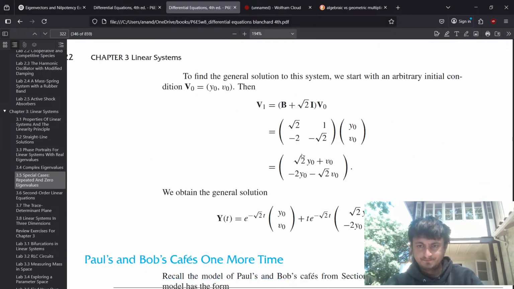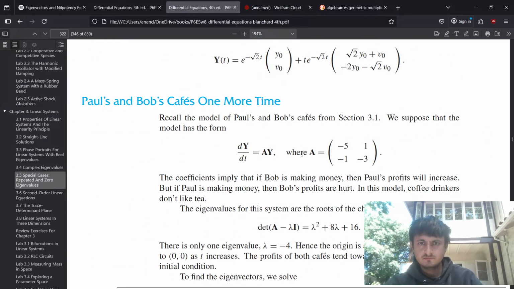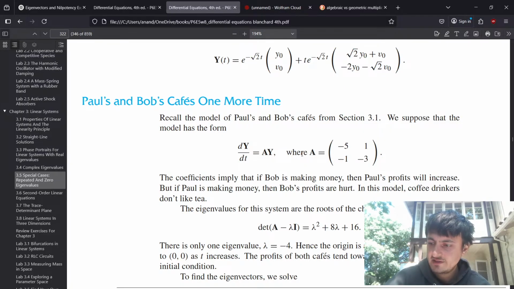Okay, the eigenvector. So this is the general solution, y of t is equal to e to the minus square root 2 t times y0, v0, plus t e to the minus root 2 t times this big expression: square root 2 y0 plus v0, minus 2 y0 minus root 2 v0.